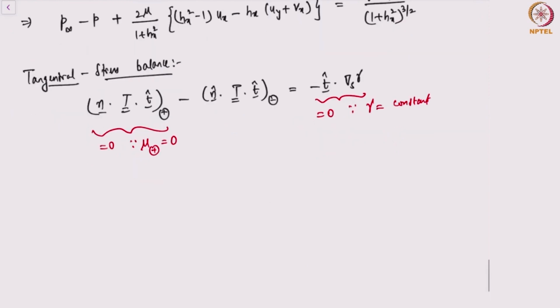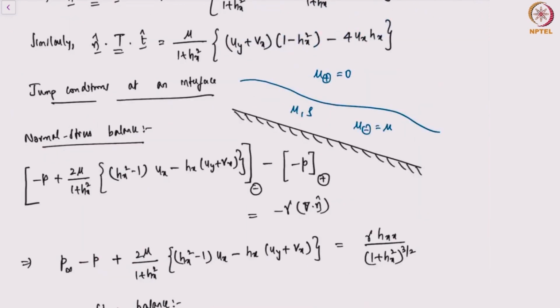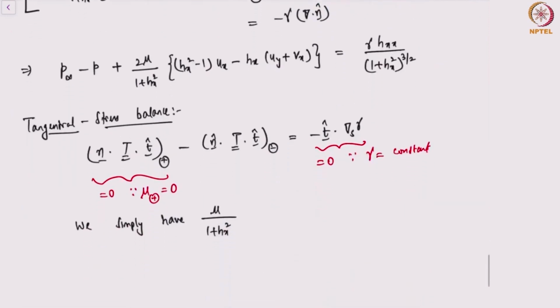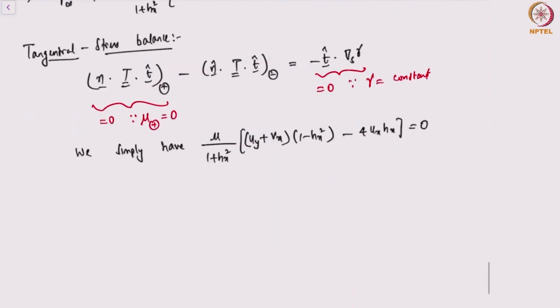So we simply get mu by 1 plus hx square, the term we have already derived, n dot capital T dot small t, times uy plus vx times 1 minus hx square minus 4 ux hx is 0. We can even ignore that mu by 1 plus hx square so far.